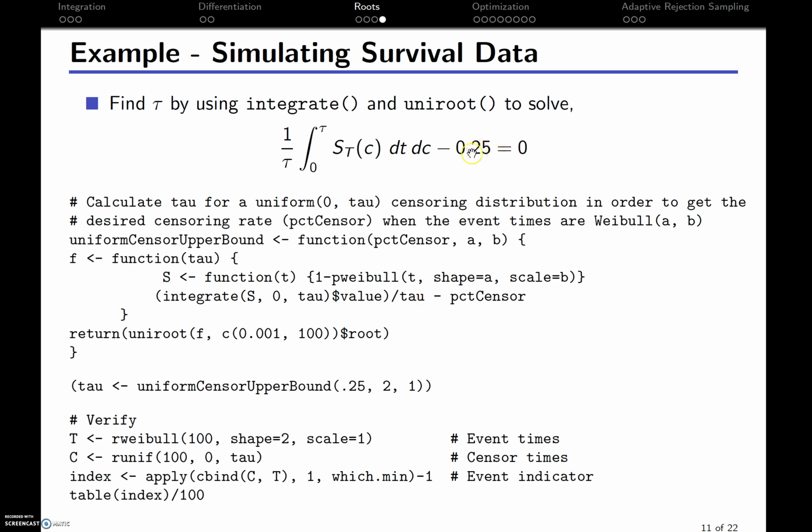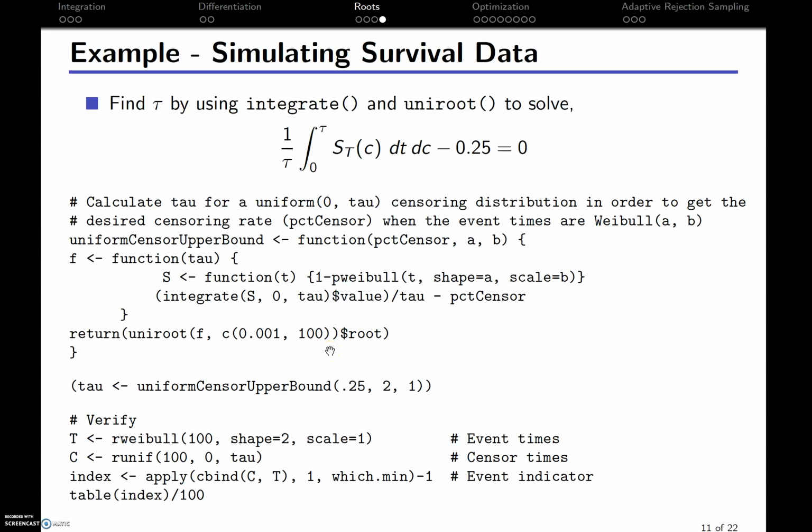And then we're going to subtract off the percentage that we want censored, which is 0.25 in this case. Then we will return our uniroot of f between the interval 0.001, so just very, very close to 0 because we can't go to 0, and up to 100, and we're going to get back the root.